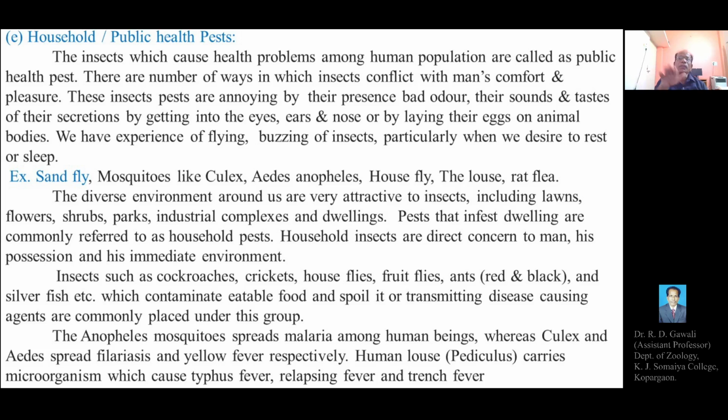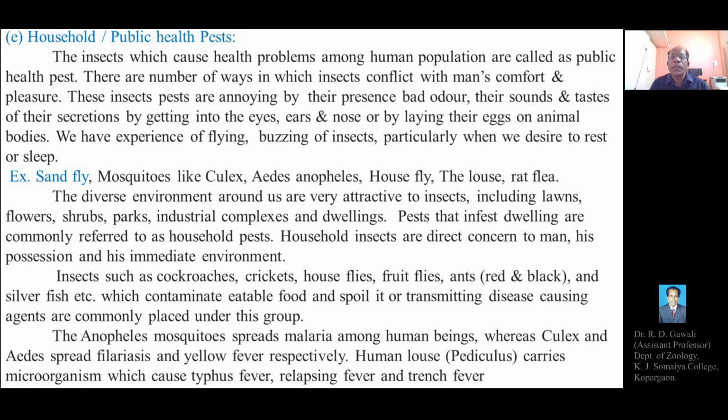These are attractive to the insect pests, and ultimately these insect pests visit the human dwellings or houses, come close to the human being and carry out harmful activities against man.